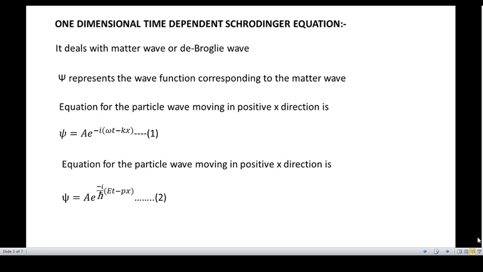So coming to the time-dependent Schrodinger equation, we have to start with the wave function. Actually, a wave function is very similar to the amplitude in classical mechanics. So it can describe the matter or a system completely.